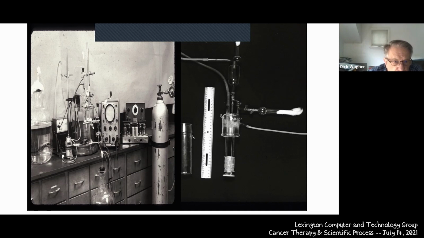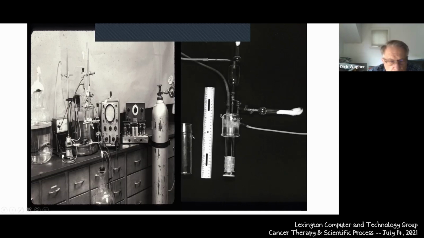Now the apparatus sits over here in this area. It sits in this water bath. The water bath is at 37 degrees Celsius, or our body temperature, because the organism that was being chosen was E. coli B bacteria. It's a bacterium.